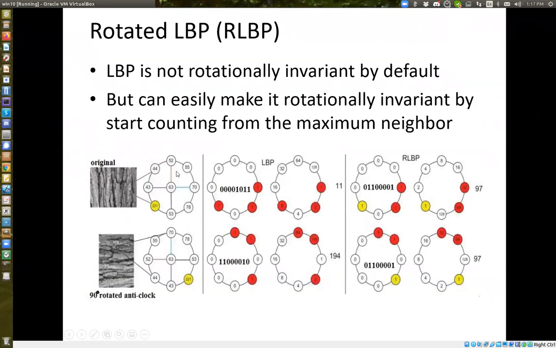And by the way, the LBP I just described is not rotational invariant, but we can easily create a rotational invariant one.